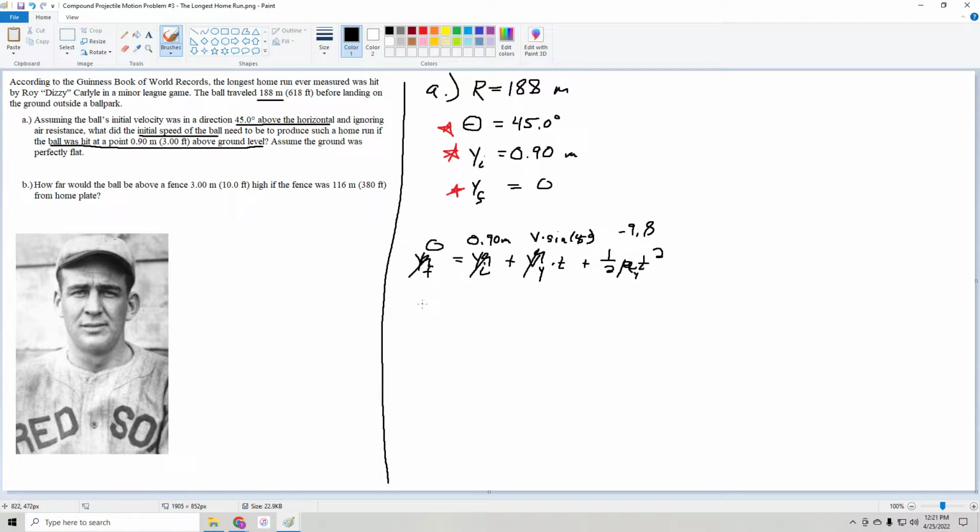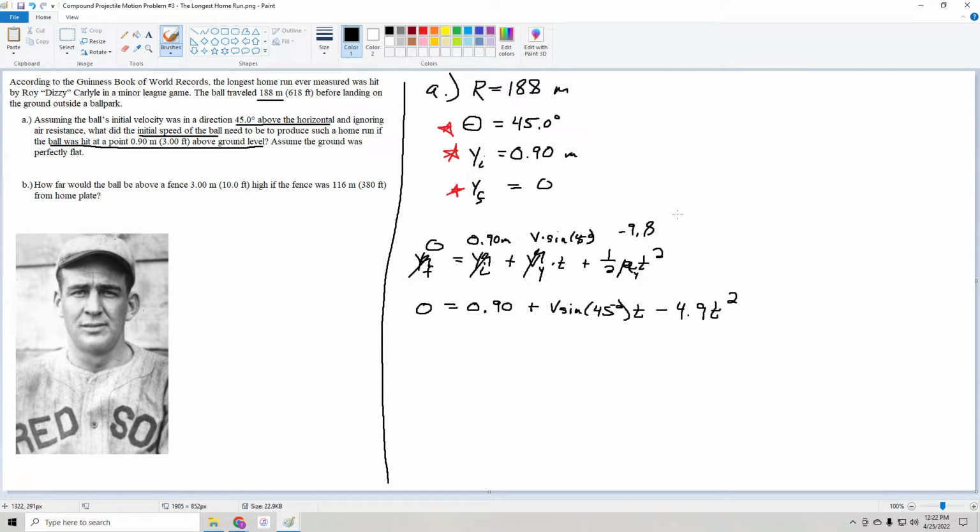So let's rewrite this and clean it up a little bit. 0.90 plus v sine 45 degrees times t. Half of negative 9.8 is minus 4.9 t squared.